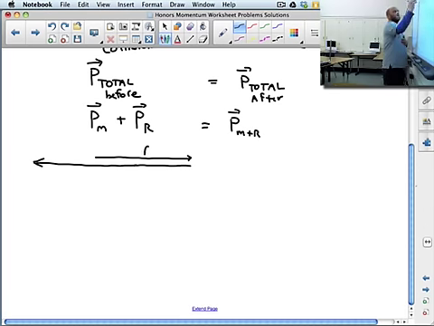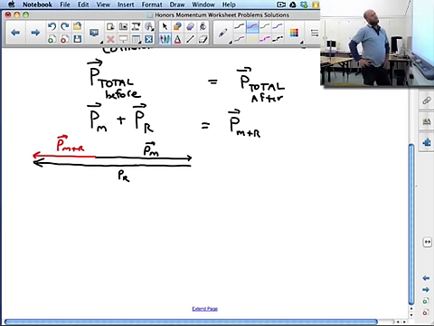So this is P for the Mini, momentum of the Mini. This is momentum of the Ram. And those two vectors are placed head to tail. If I draw a vector from the tail of where I started to where I end, that's how I add vectors. This should be the momentum of the Mini and Ram when they're stuck together. Okay? So let's see what we know from the problem.